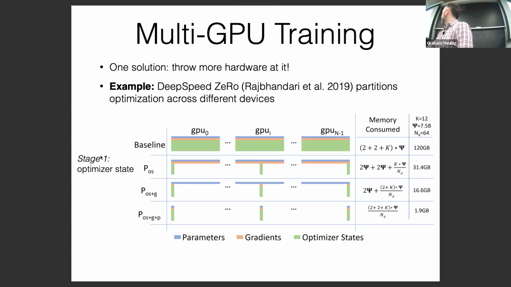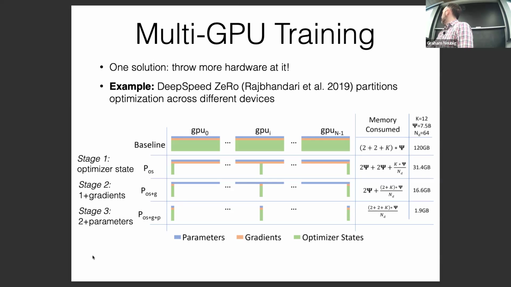This is partitioning the optimizer state. Stage 2 is partitioning the optimizer state and the gradients. Partitioning the optimizer state is relatively harmless; it doesn't slow down too much. Partitioning the gradients gets a little bit trickier because you start having to move things between devices a lot.